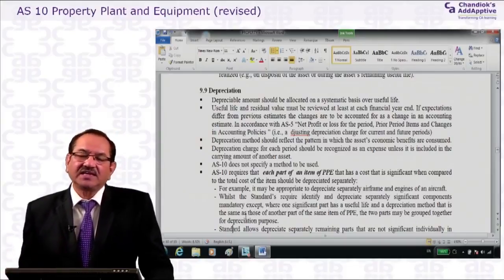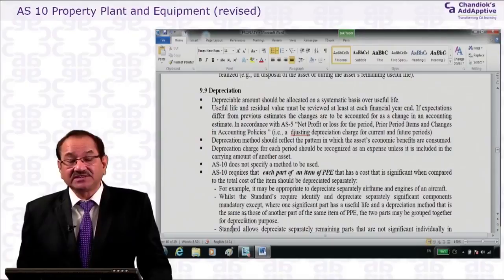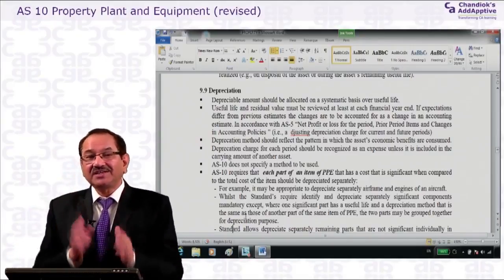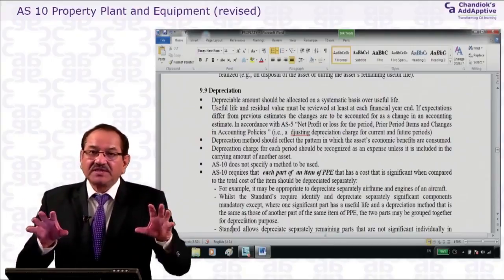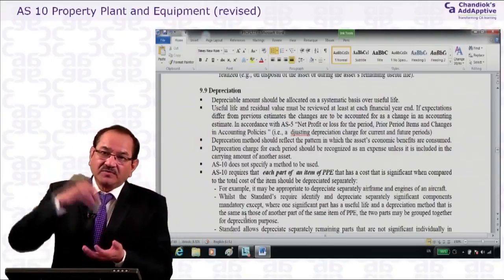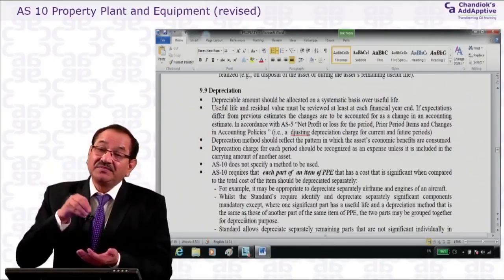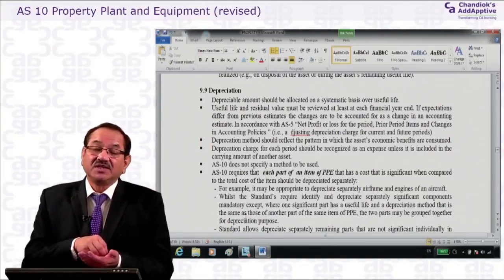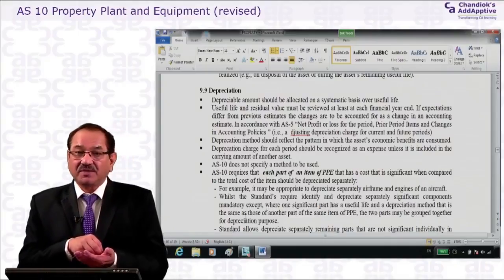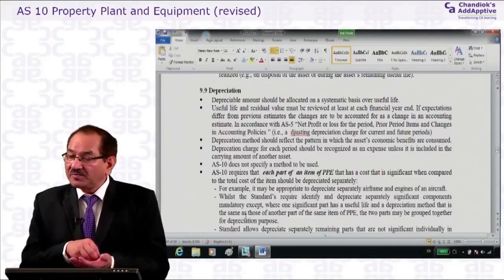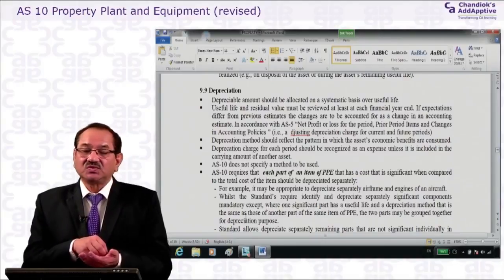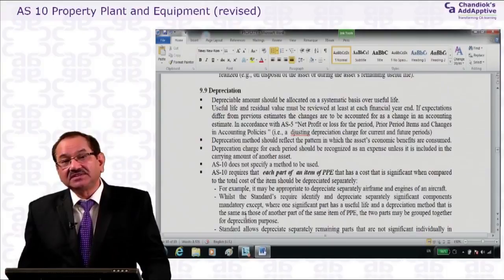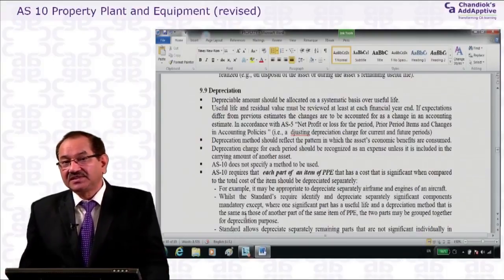The estimate of the residual value can also change, and therefore this accounting standard provides that every year it has to be reviewed, and the effect of this on the amount of depreciation will be treated as an estimate difference. It will not be treated as a change in accounting policy. It will not be treated as an accounting error also. It will be a change in accounting estimate, and that's very clear here.